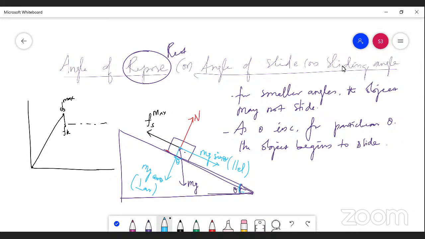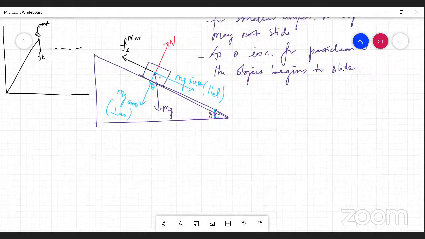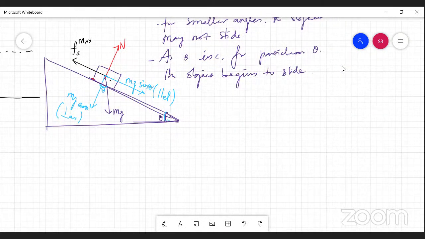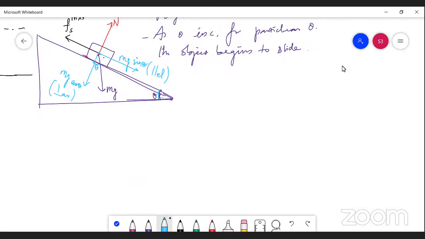And you can see here, if this mg sin theta component acts on this block of certain mass, it tends to move the object or slide it down along the inclined plane. So it will make the object move down the inclined plane.